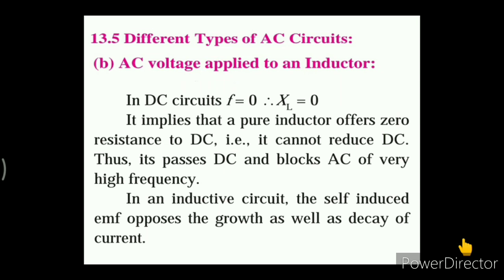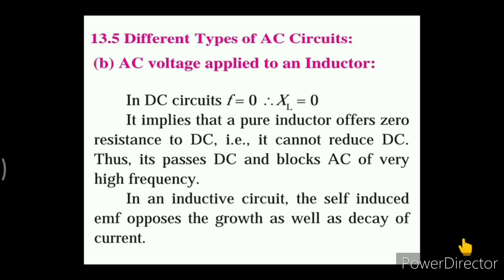Now, when we talk about DC circuits, the frequency of the signal is 0, the value of f is 0, and hence the value of XL will be 0, as XL is equal to 2 pi f into L; as f is 0, the entire factor becomes 0.